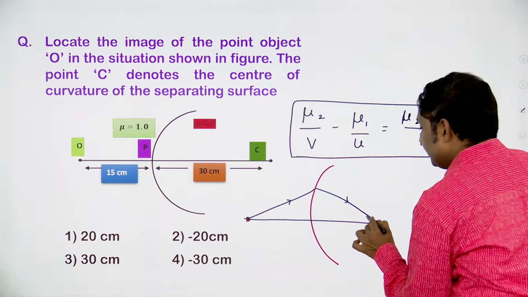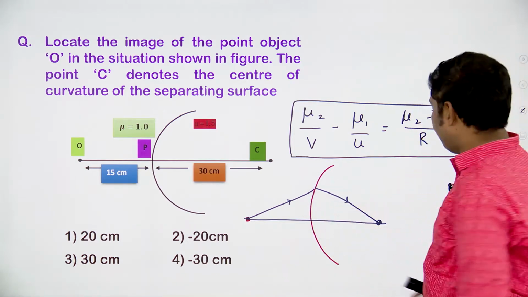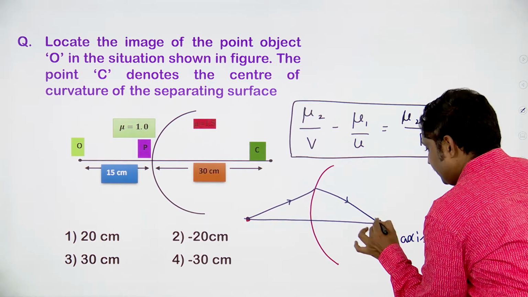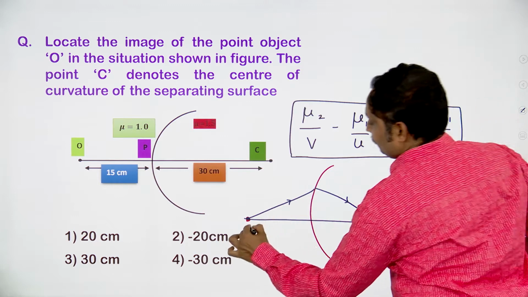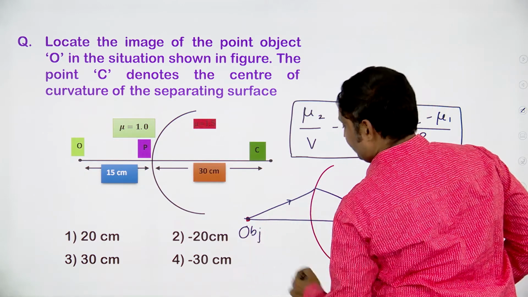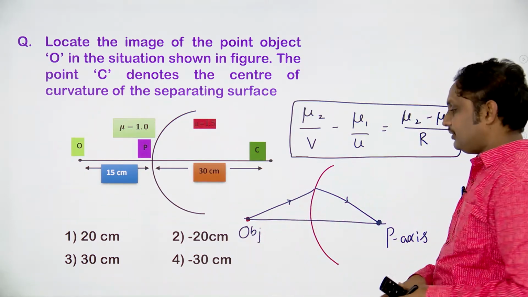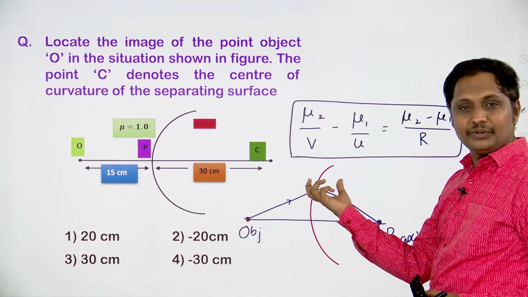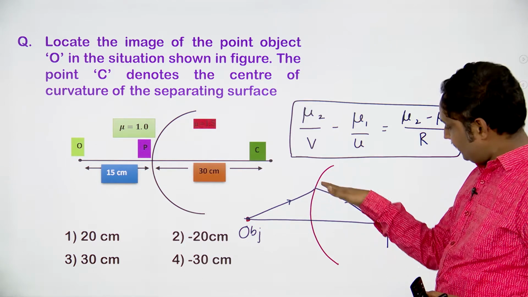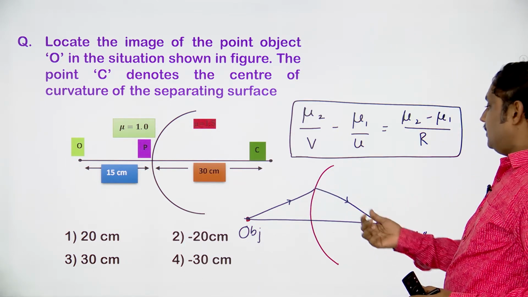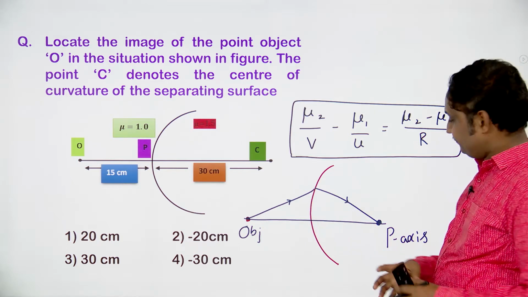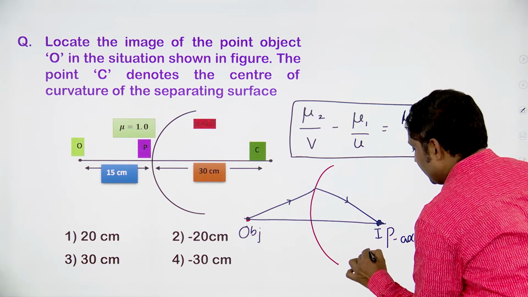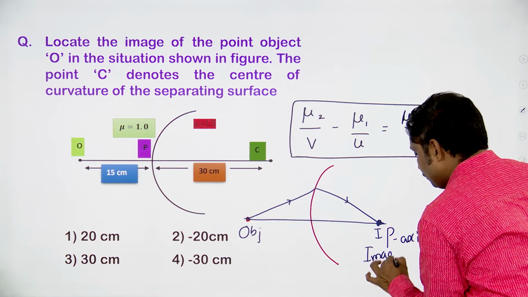So here the refracted light ray which cuts the principal axis, this is going to be the principal axis, right? This is going to be the object. The light ray which is refracted at the single curved refracting surface will further proceed in the forward direction, let's assume. So it will cut the principal axis at this point, and it forms the image. That image is going to be real.